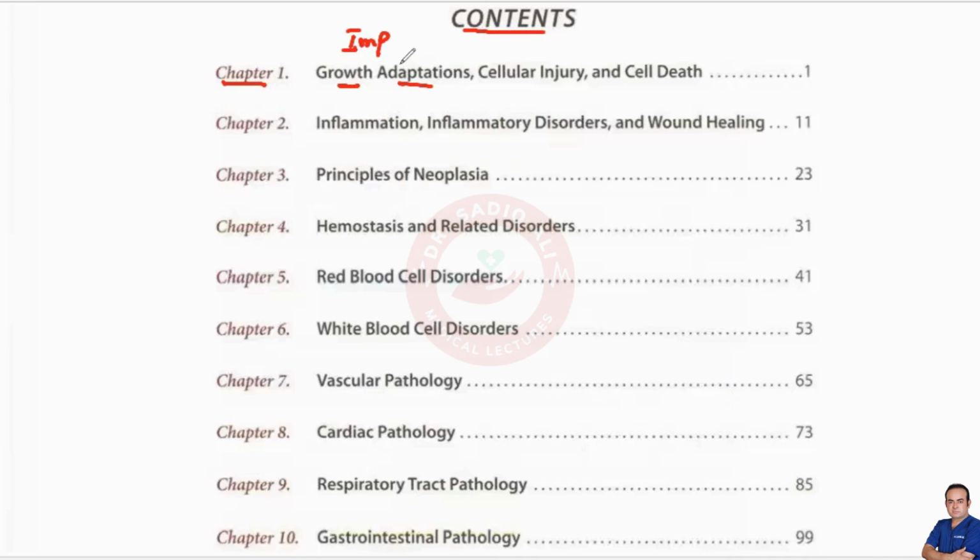Growth adaptation means cellular adaptation. If there is any stress or injury on the cell, the cell undergoes some changes and adapts itself according to the situation. After that, we will discuss cell injuries, because if we start from the cell, we will know everything regarding the human body, because the cell is the basic structural and functional unit of human life.